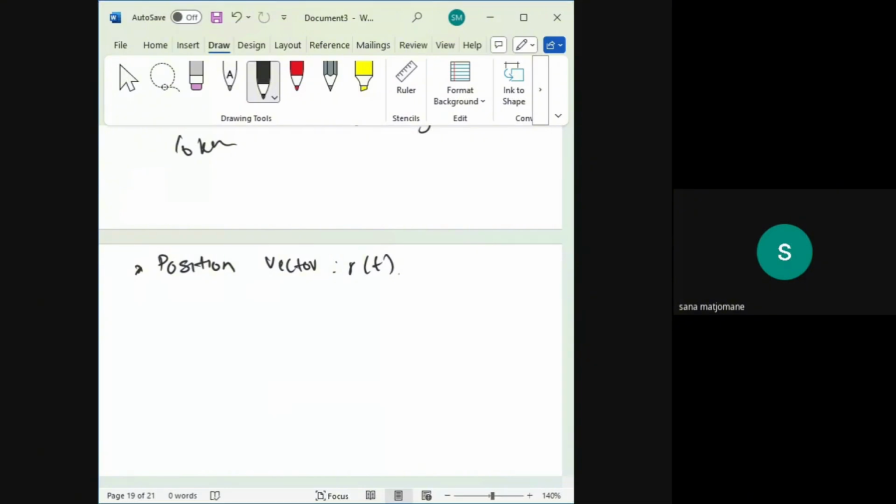The position of a particle in this reference frame can be represented by a vector.